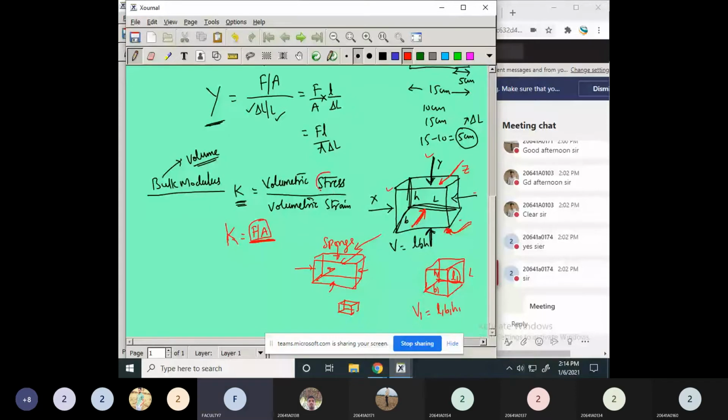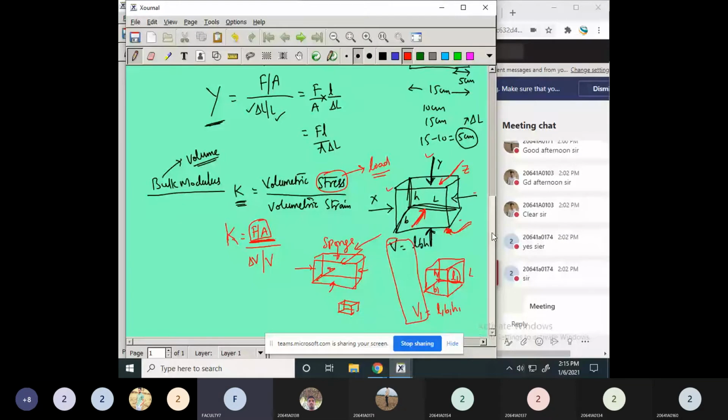Stress is nothing but the load applied on the substance. Now in the denominator, you can consider the change in the volume as delta V and the original volume V. Change means the difference between these two, which you will get as delta V.